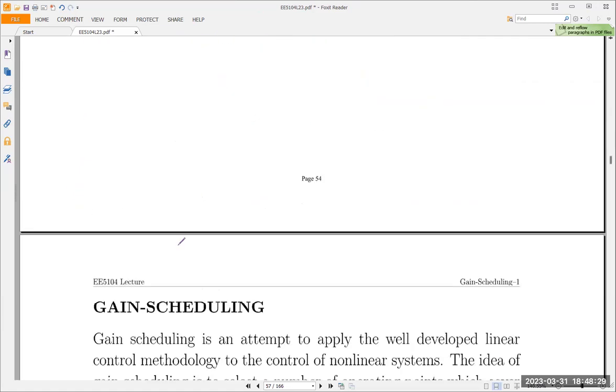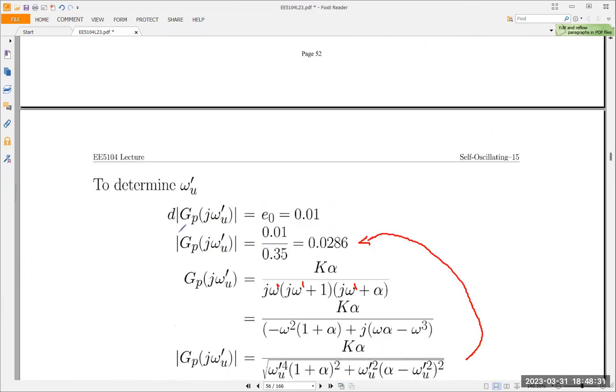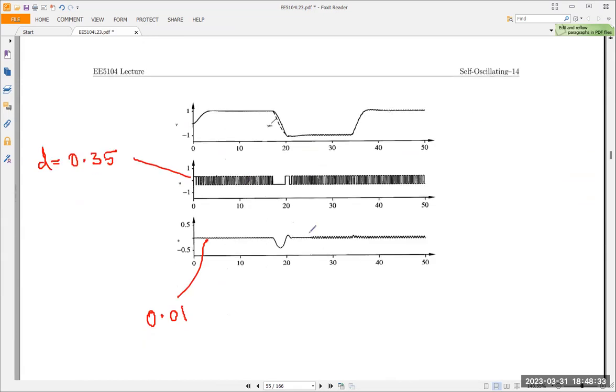Once you have that, you have solved for this, and you oscillate at the new omega u. Then you can say, as before, what is the AC gain?